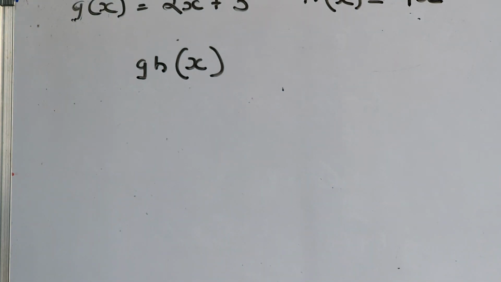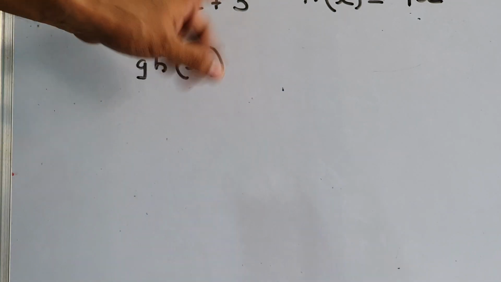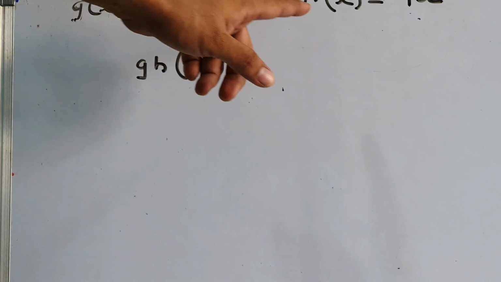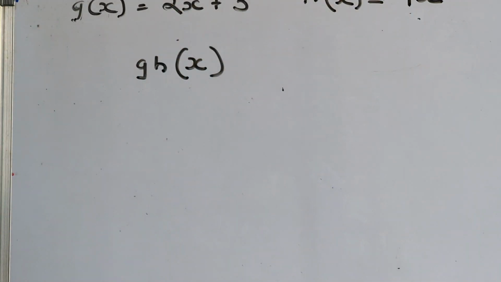Initially for function we had one equation, for inverse also we had one equation, but now for composite we may have two or more than two, but if you understand these two you can get the third one also, but in composite they will always ask you only two. So just check, g of x is given as 2x plus 3, I have this information. h of x is 4x, I have this information. They are asking gh of x.